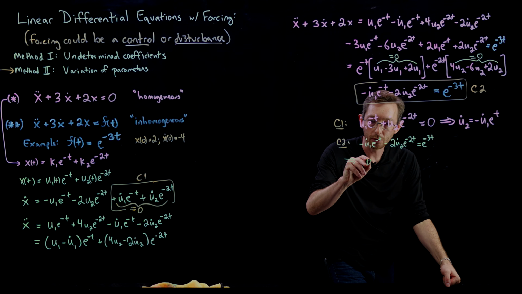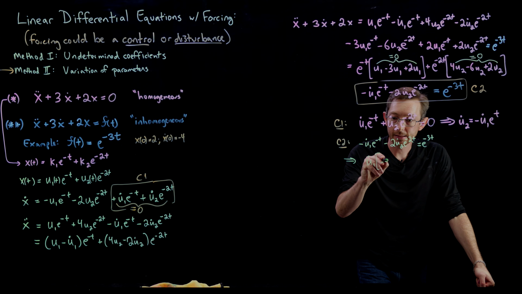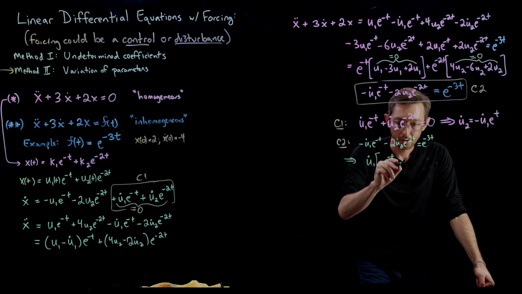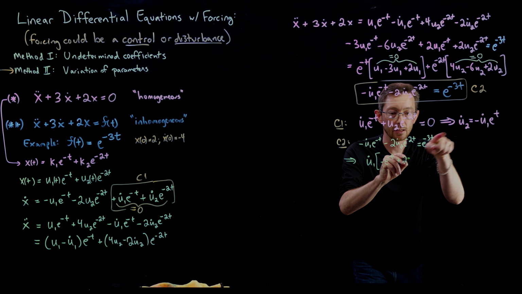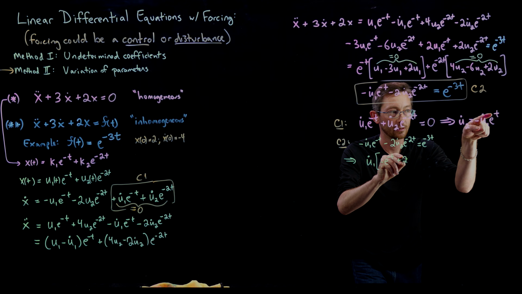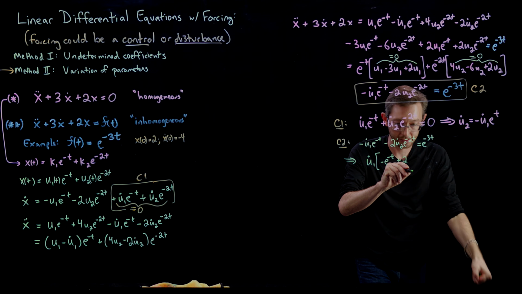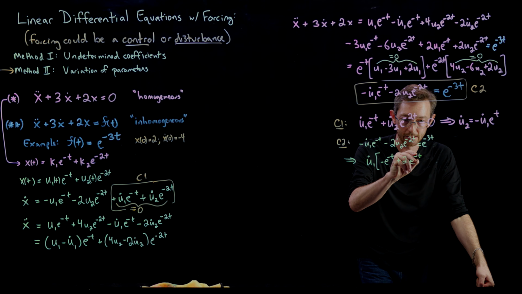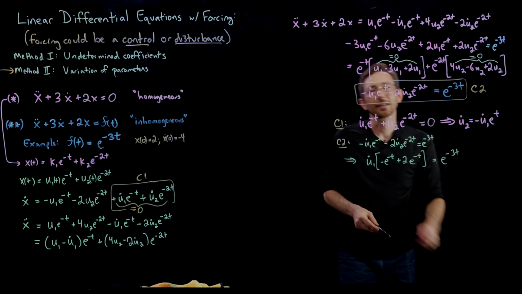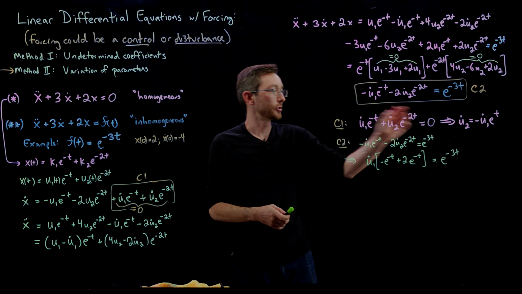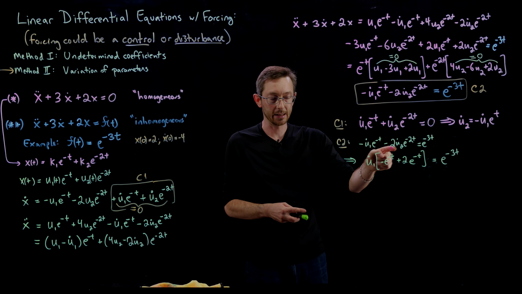And that's going to be u1 dot times minus e to the minus t plus 2 e to the t times this is e to the minus t plus 2 e to the minus t. All of that equals e to the minus 3t. You can slow down or pause and just convince yourself that if you plug this in for u2 dot, this is what you get.